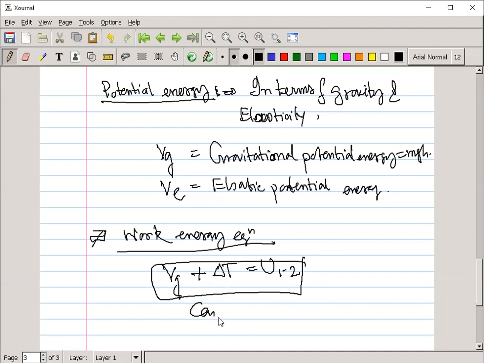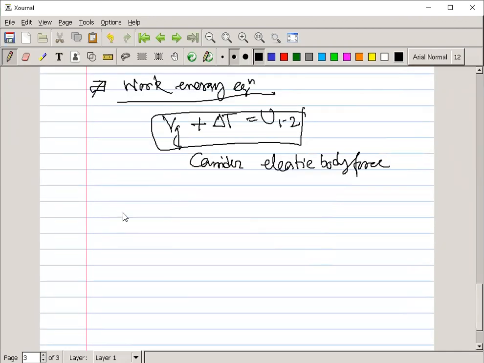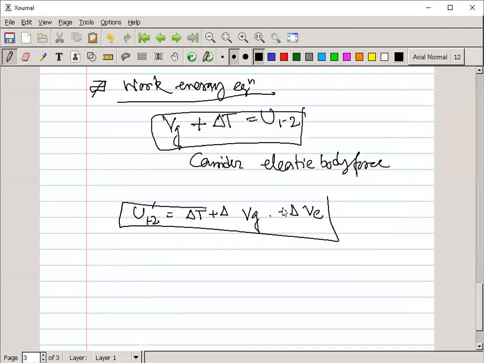Now if we consider the elastic force, or the elastic body force, then we can write it as U dash equals delta T plus delta Vg plus delta Ve. So this is the final equation.